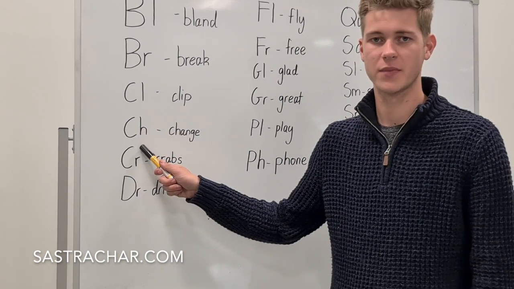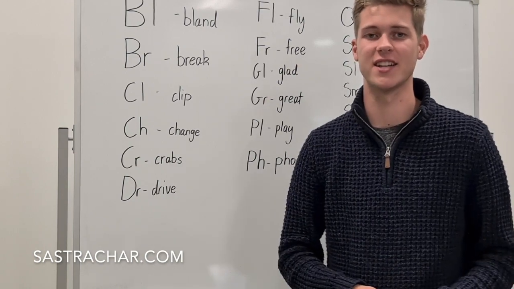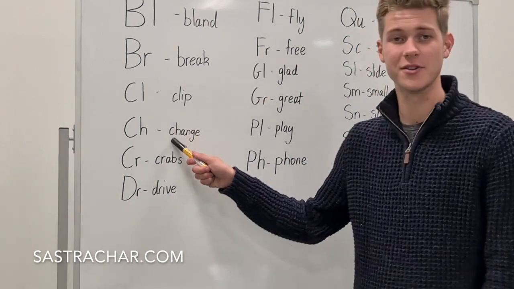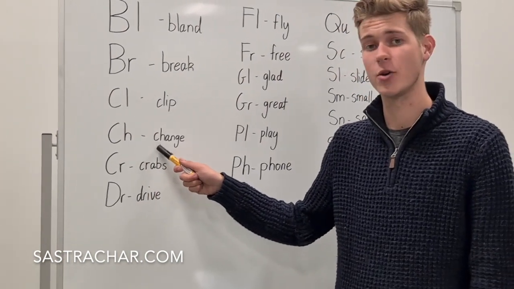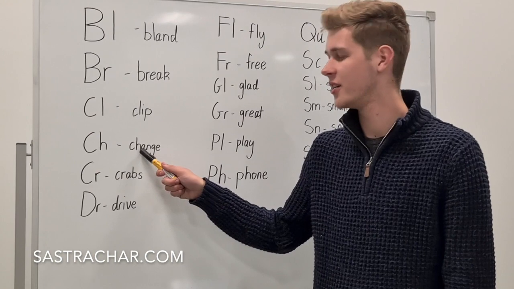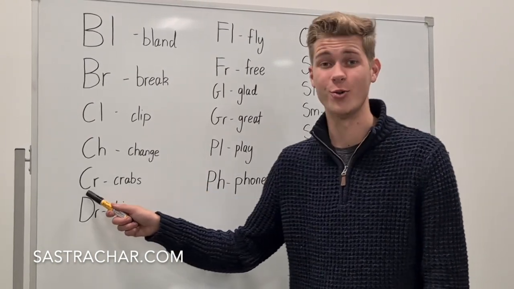So I'm putting my tongue against my teeth again to pronounce that. Ch. We've got a word here as an example. Change. So the C and the H go together and make a ch sound. Change. Alright, cool. Let's move on to this one.